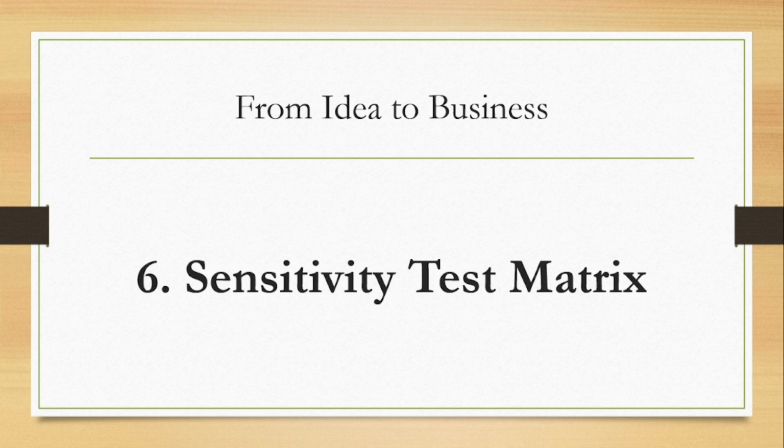How low can you price something, or how high can you set the cost of something, how much liberty do you have to set the costs? How far can you go without going into losses? That is what we're going to look at in the sensitivity test matrix.